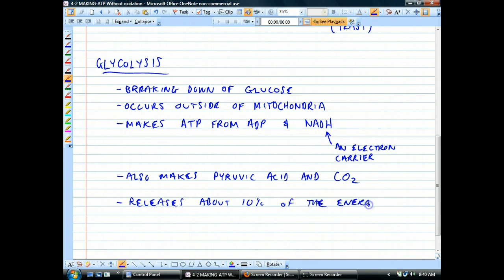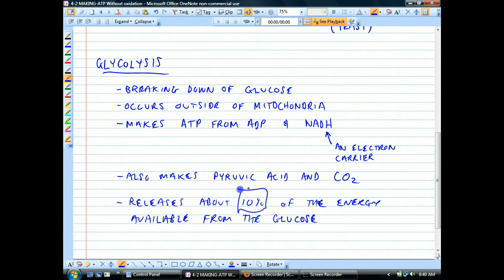I'm just going to say it like this. I'm going to say the energy available from the glucose. Only 10%. The rest of the energy that's available from the glucose is going to be released by respiration.